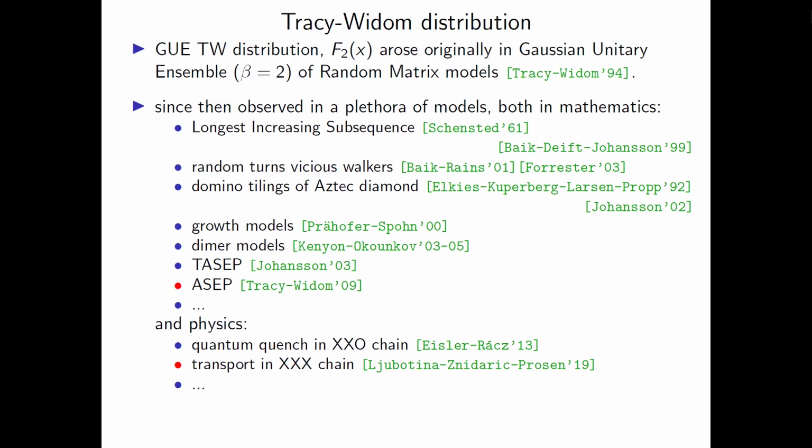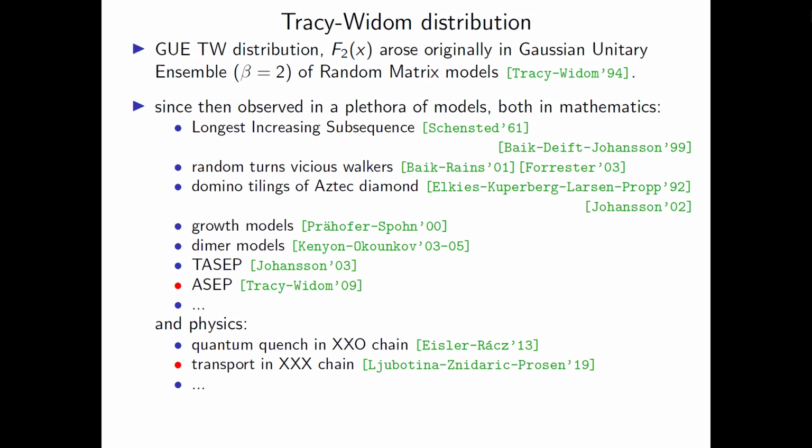And so this Tracy-Widom distribution was discovered in 1994, and then it has been observed in a plethora of models. Especially mathematicians started to think about some universality of this distribution, just like the normal distribution is universal because you have the central limit theorem.